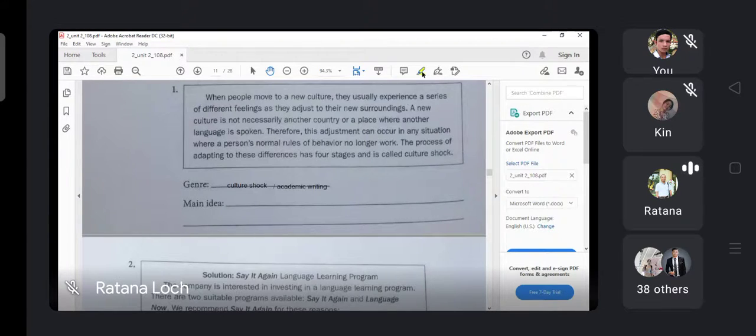Good. So you can see this is the main idea here. All the rest here is talking about supporting ideas or some details. Especially you can see the keyword culture shock. So this is the keyword, the main idea.